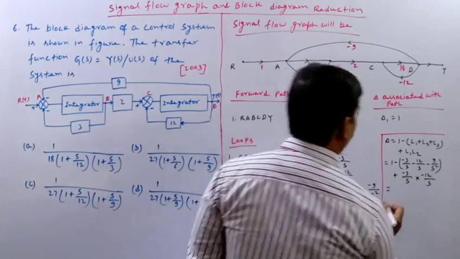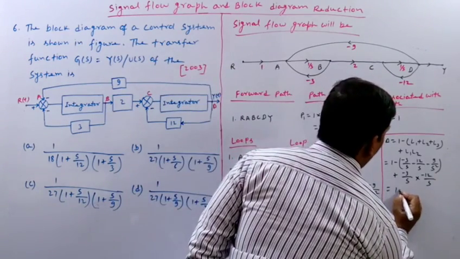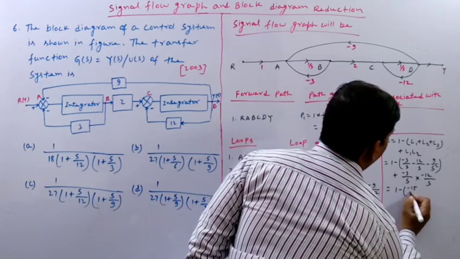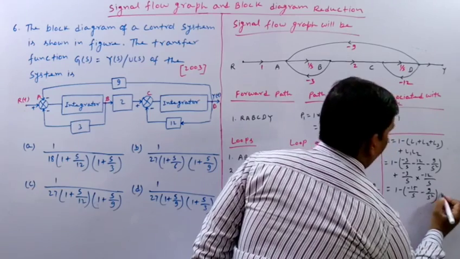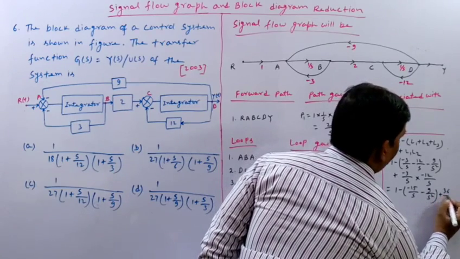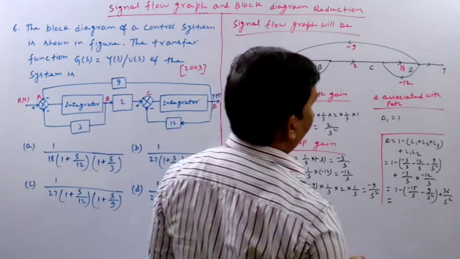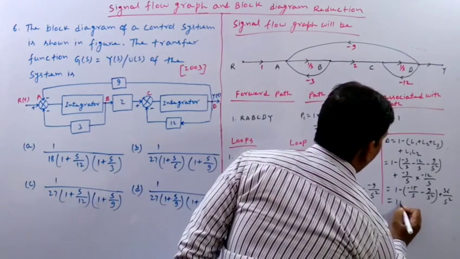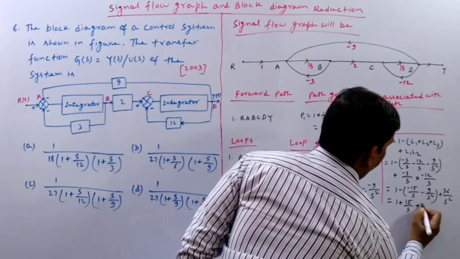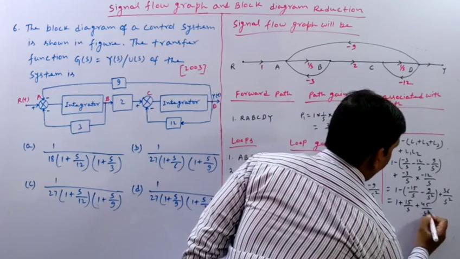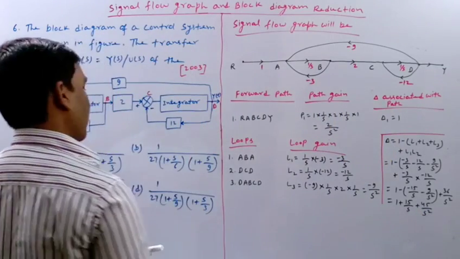So finally, how much will it be? It will be 1 plus 15 by s plus 45 by s square.